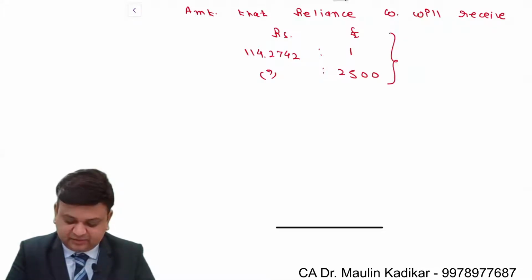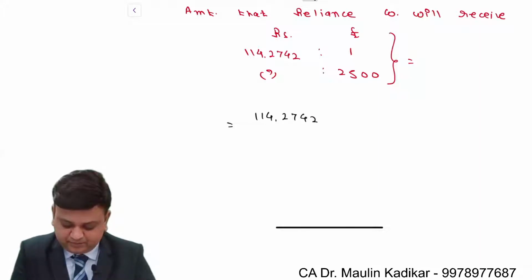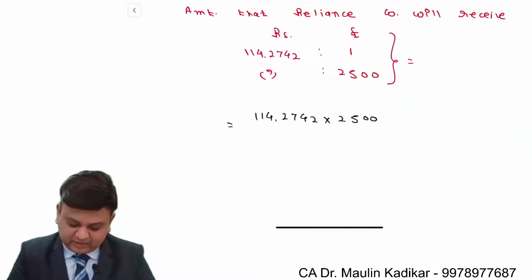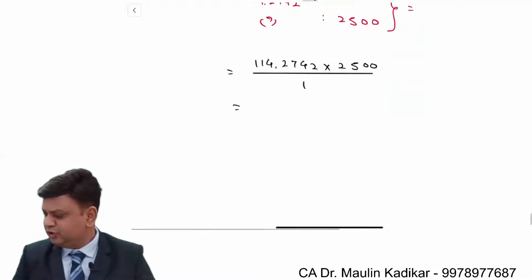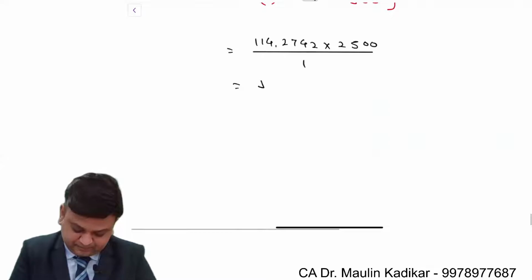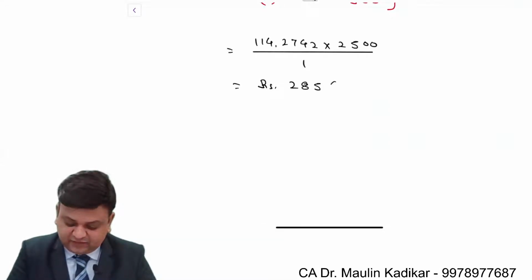So the final answer will be found like this: 114.2742 into 2500 divided by 1. So 114.2742 into 2500 is 2,85,685.50.